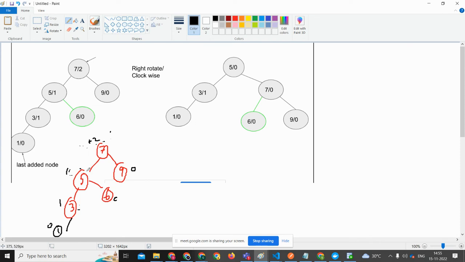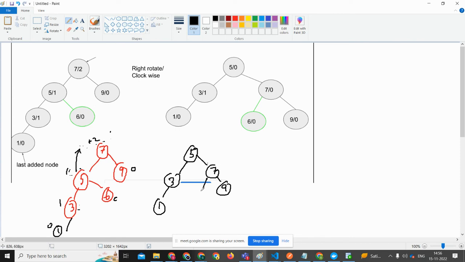You don't need two steps, because here the child node is also positive. Parent and child have the same sign.